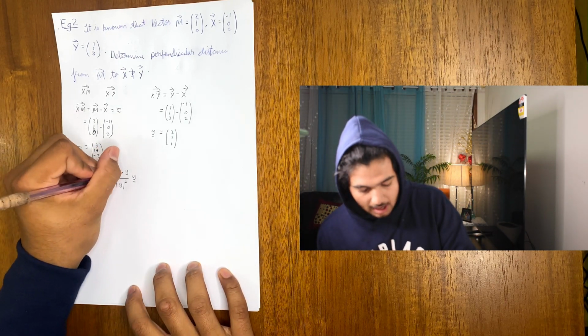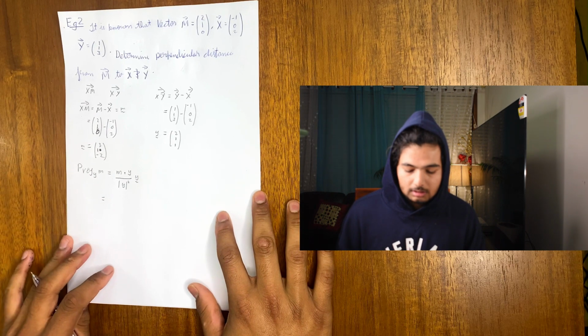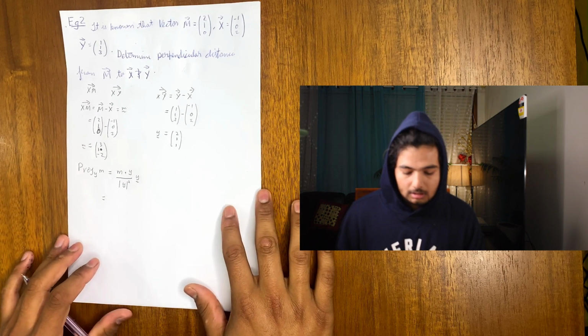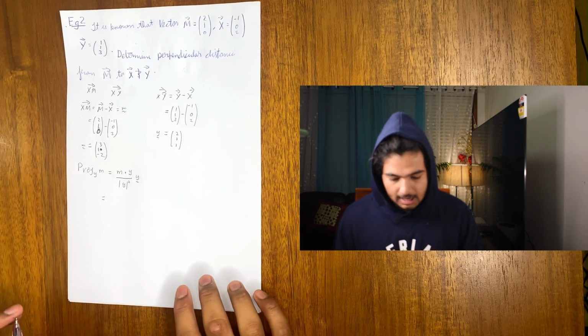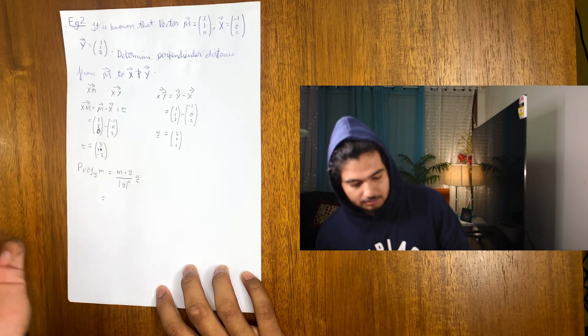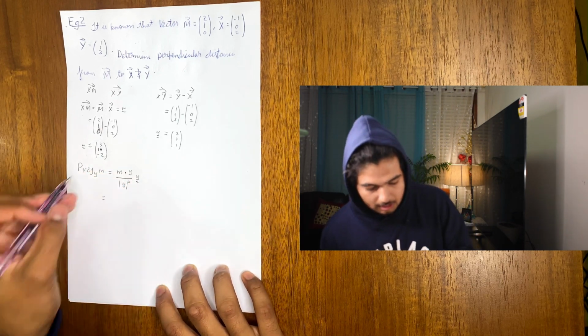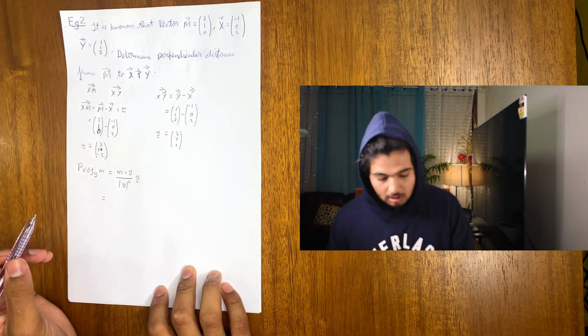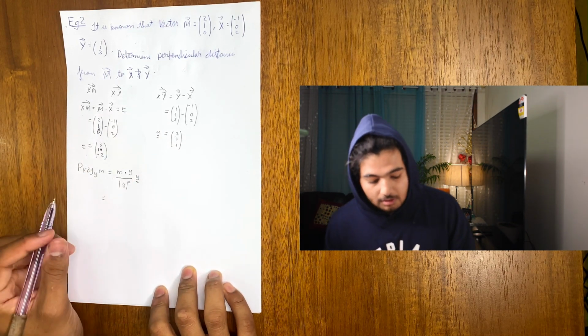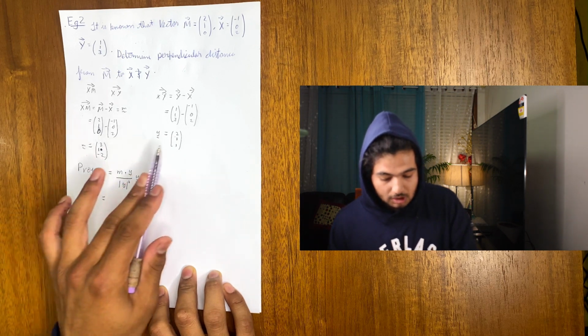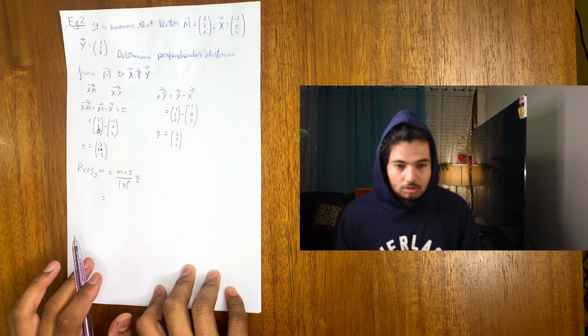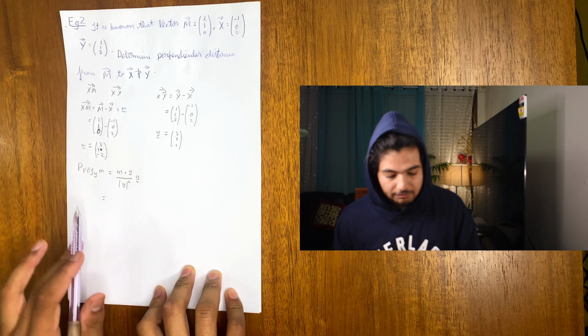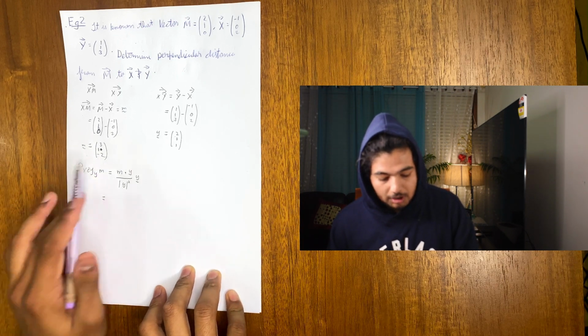Next step, m dot y gives me the dot product of vector m and vector y.